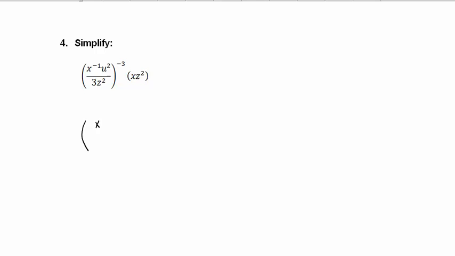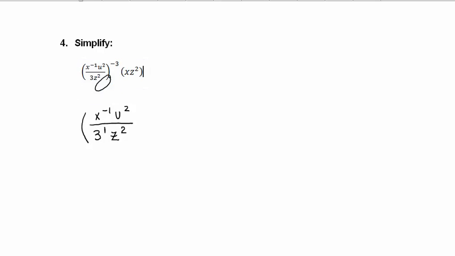So I have x to the negative 1, u squared, all over, and I want to make sure that I remind myself that that 3 is also a base and it has an exponent of 1, and I have z squared here. The z squared, the 2, only goes with the z. It doesn't go with the 3.